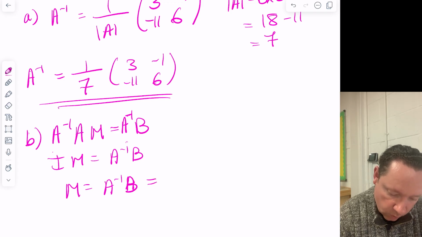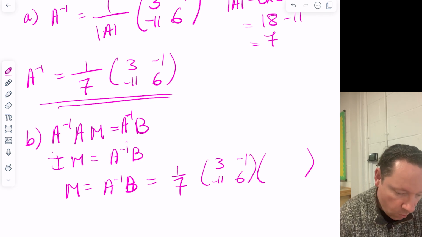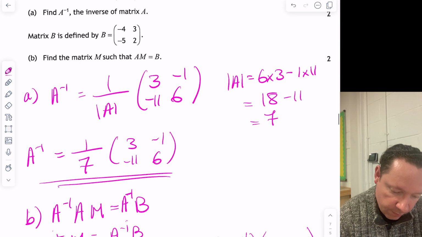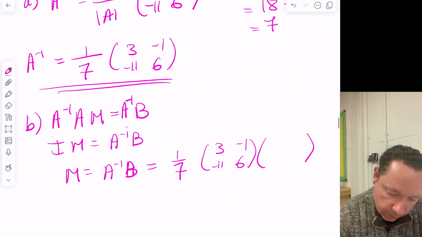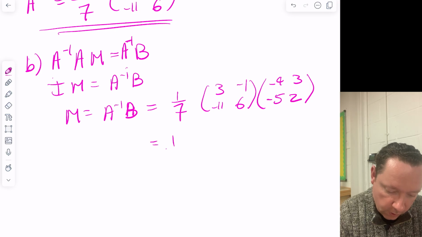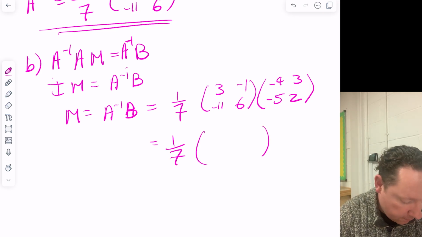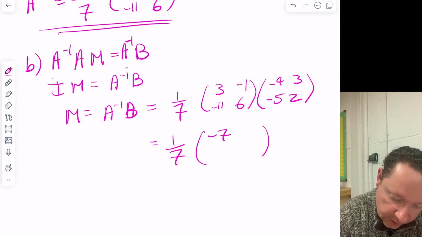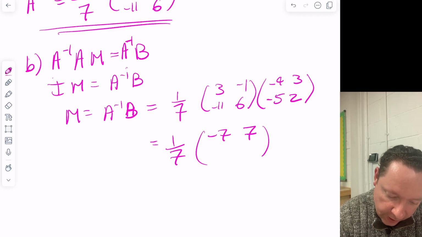So A inverse was 1/7 of 3, minus 1, minus 11, 6, times B, which was minus 4, 3, minus 5, 2. Multiplying everything through, we get 1/7. 3 minus 12 plus 5 is minus 7. 3 3s is 9, minus 2 is 7. 44 minus 30 is 14.